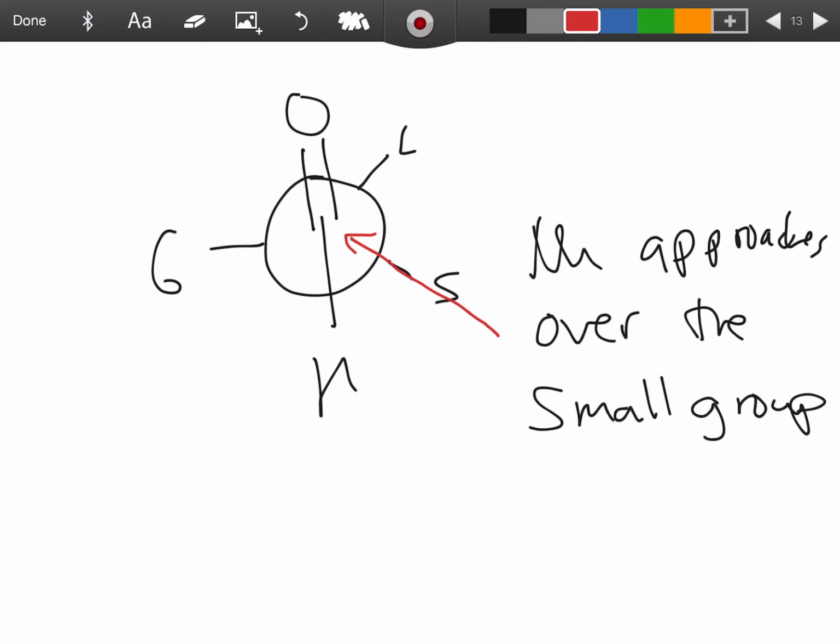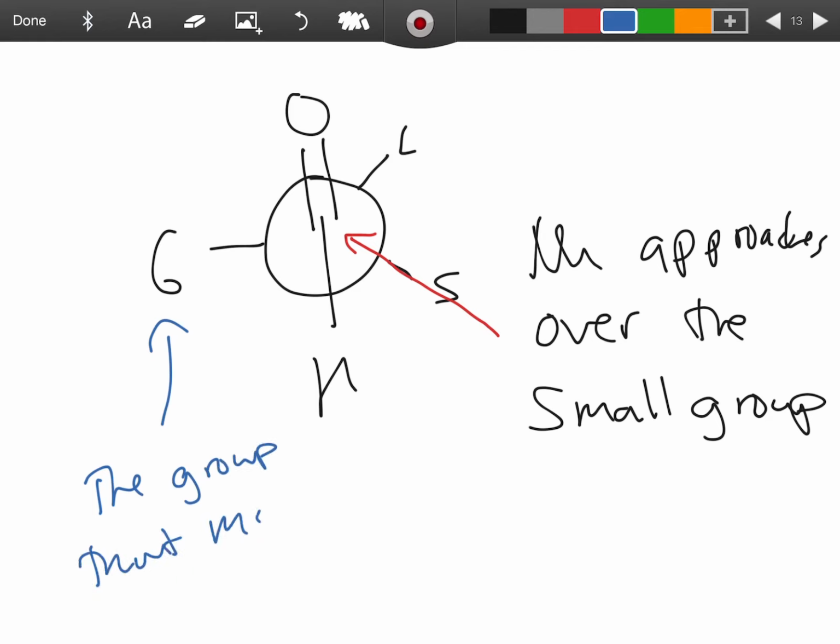So G is the group that most wants to be orthogonal. Orthogonal is a word that I don't use in my everyday life.